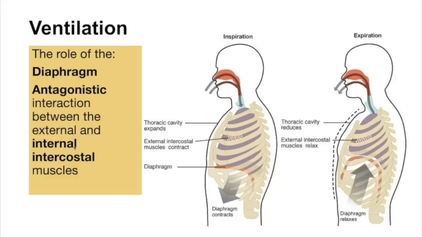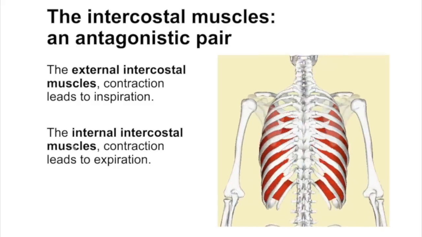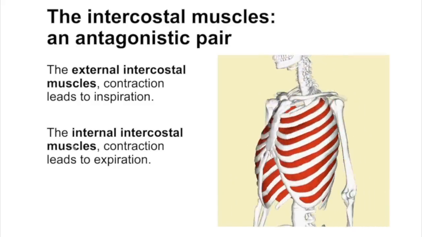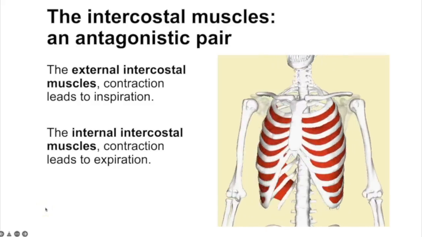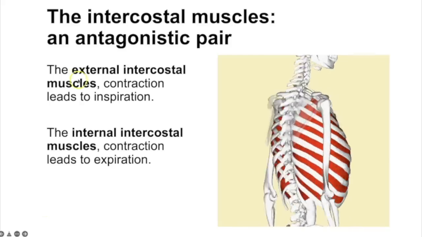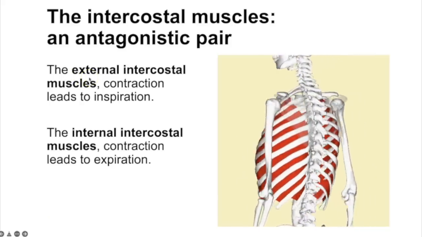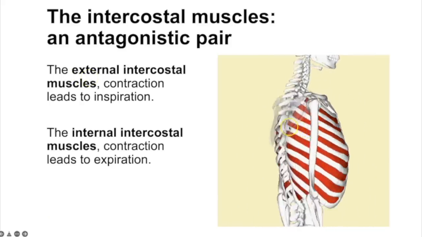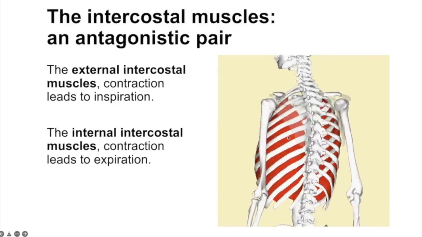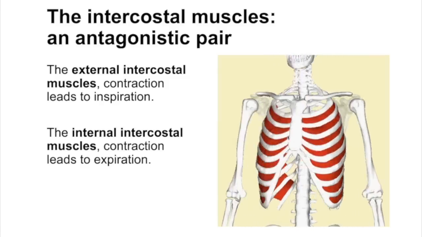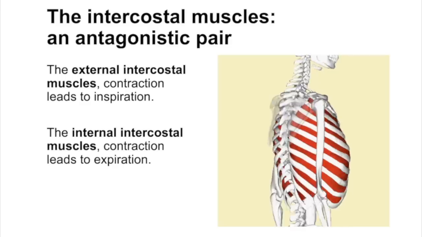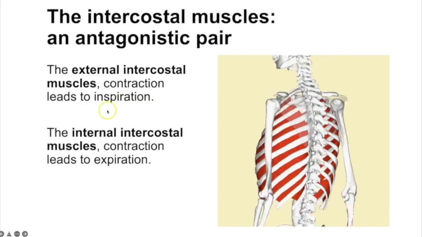And that is what controls the movement of the rib cage in and out to help with ventilation. So a bit more about these internal and external intercostal muscles. Antagonistic muscles always occur as pairs, and the external intercostal muscle is on the outside layer of the ribs, and they will contract and cause the rib cage to move out and air to flow in, or inspiration.